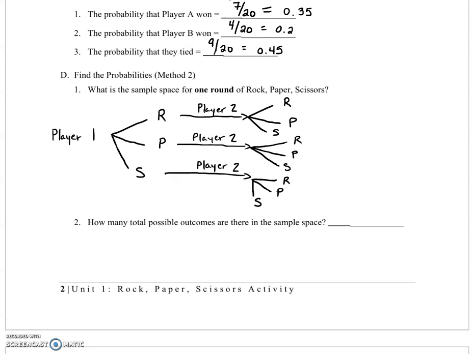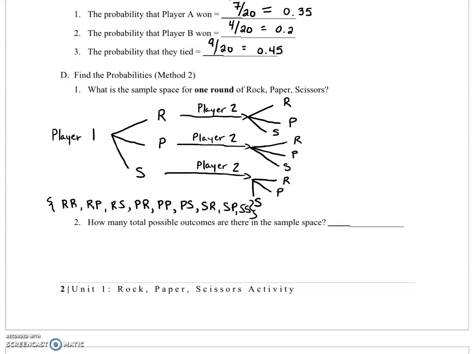So let's go ahead and list our sample space. So I did a tree diagram. So our sample space is rock-rock, rock-paper, rock-scissors, paper-rock, paper-paper, paper-scissors, scissors-rock, scissors-paper, scissors-scissors.